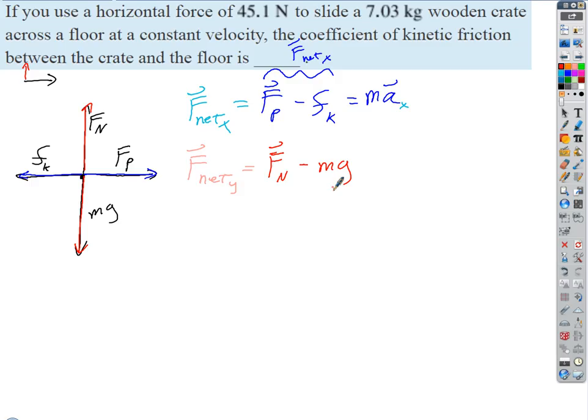And that's going to equal what? Zero. Technically that's equal to m times a sub y, but a sub y is just zero, so we don't have to write that.